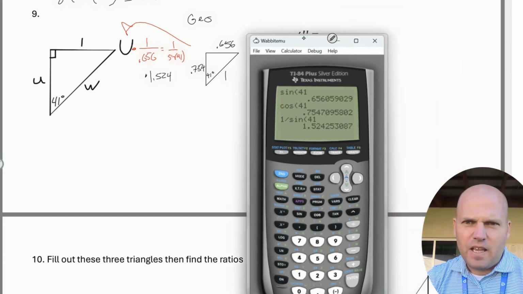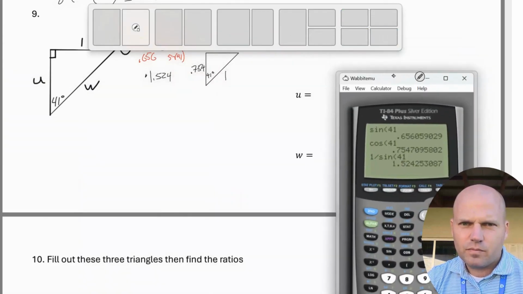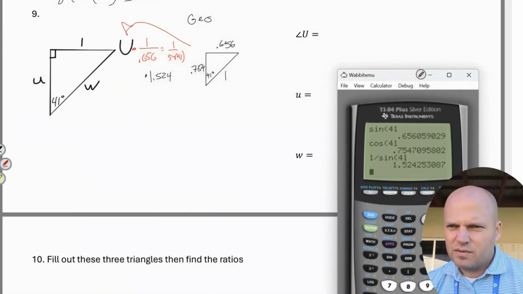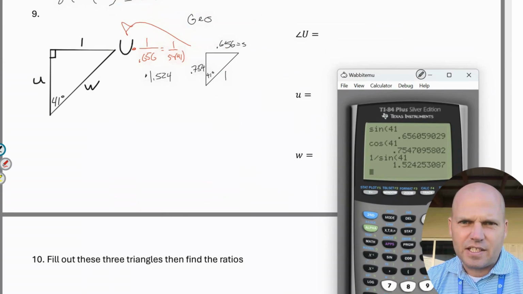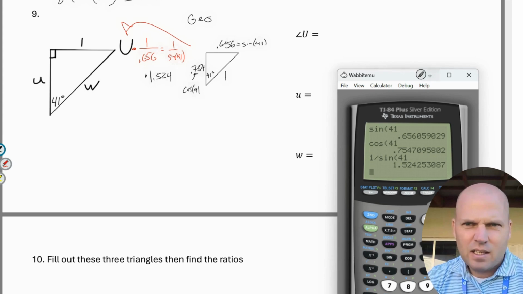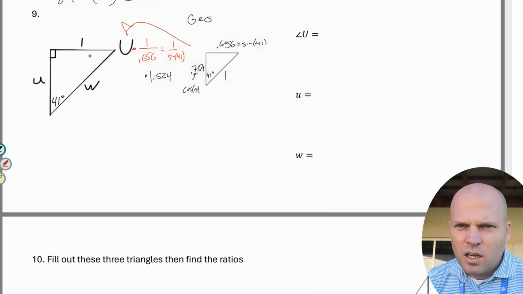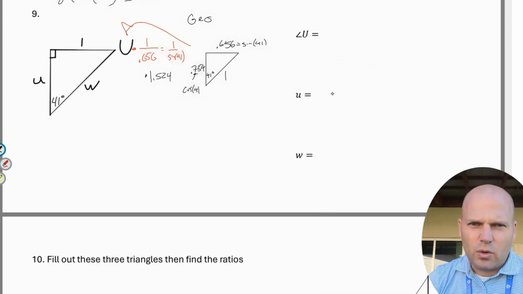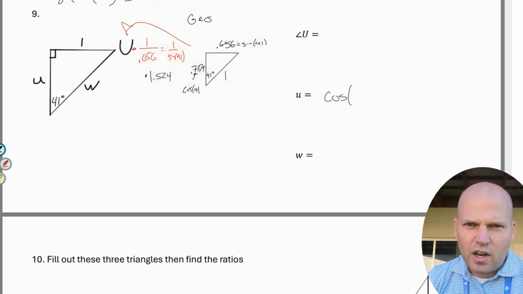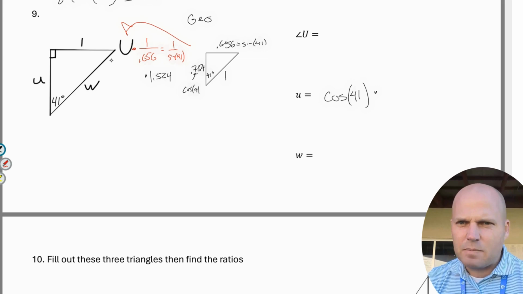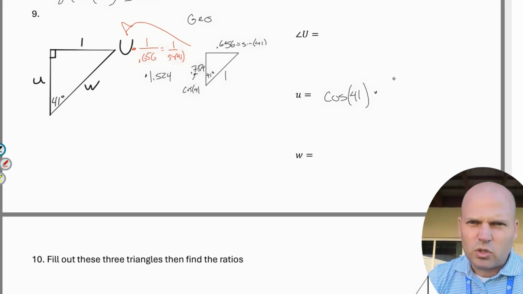Okay, so if you want to start knowing that this is the sine of 41, this is the cosine of 41, you know that u is going to be the cosine of 41 times the scale factor, which is 1 over the sine of 41.